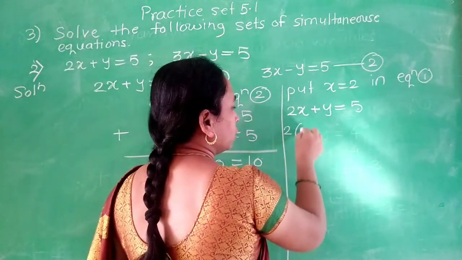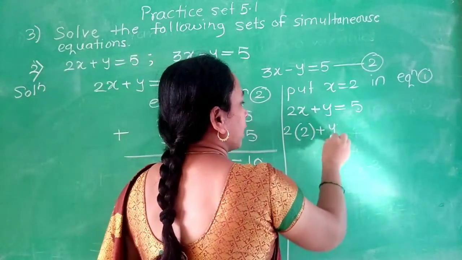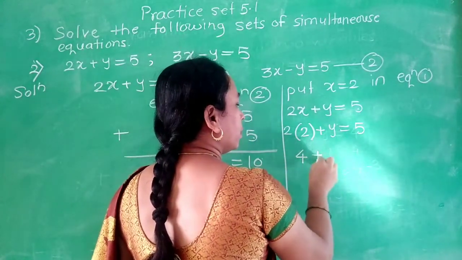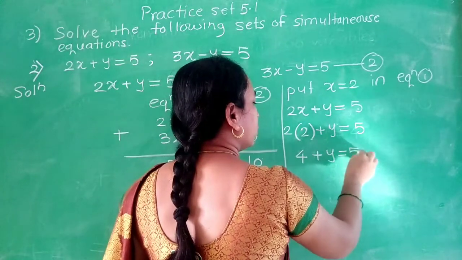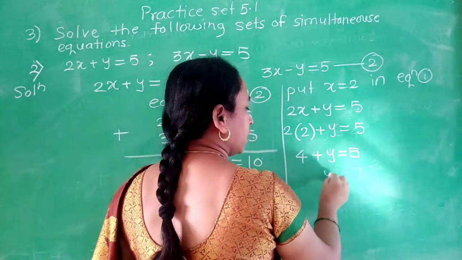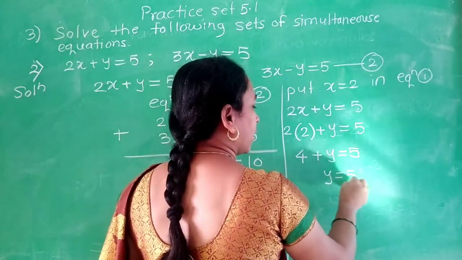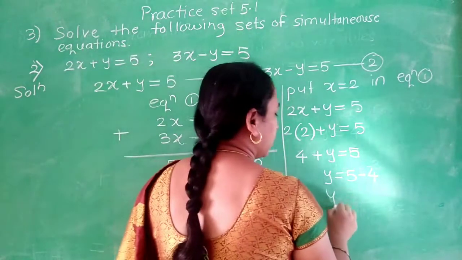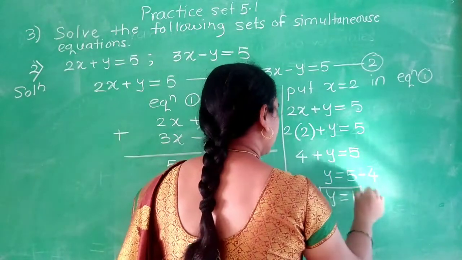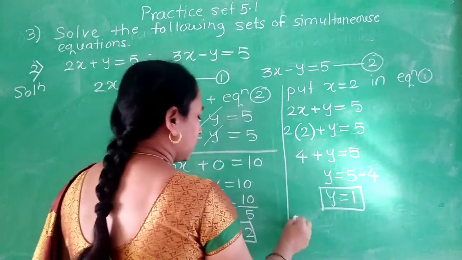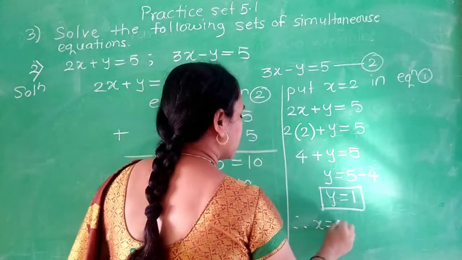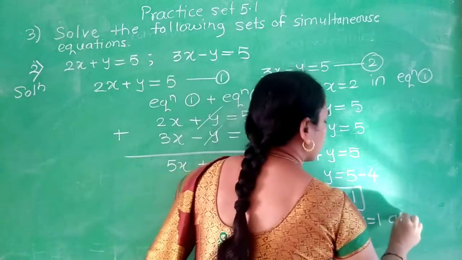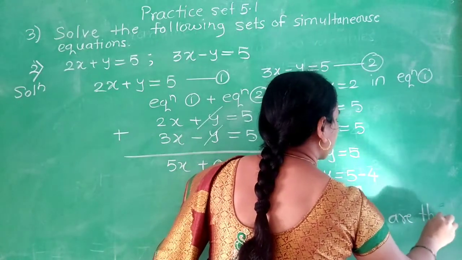So 2 into 2 plus y is equal to 5. 2 into 2, 4 plus y is equal to 5. So what I will get, y is equal to 5 minus 4, and then y's value will be 1. So therefore x is equal to 2 and y is equal to 1 are the solutions.